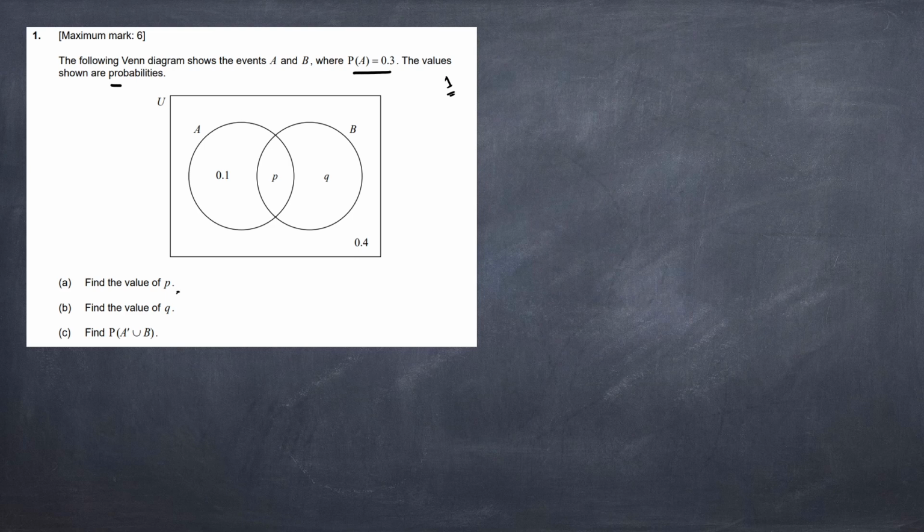As you can see from this particular question, P of A is given as 0.3. So this complete value, P of A, is 0.3. Then I can write 0.1 plus P, where this is the value of P and this is 0.1.